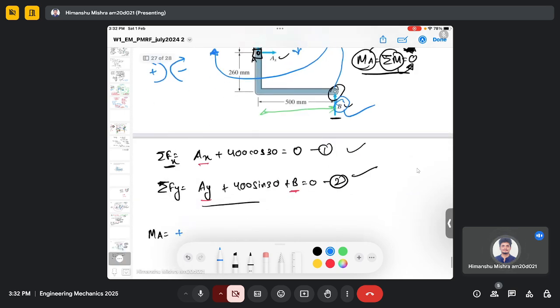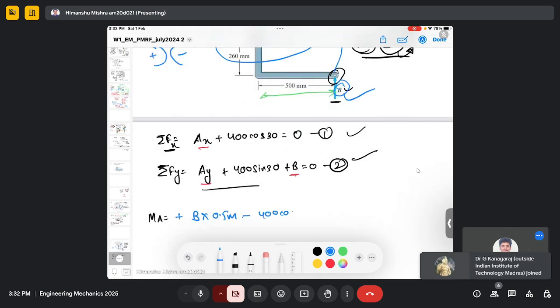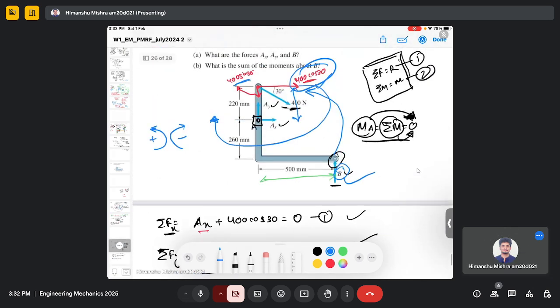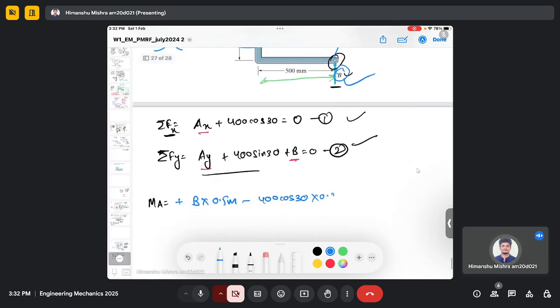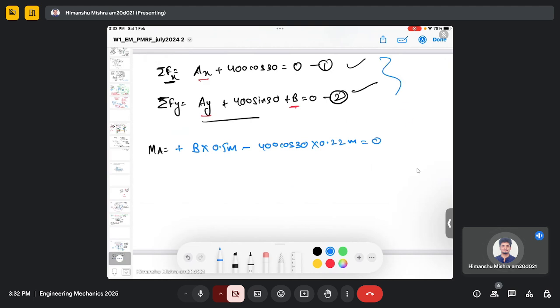So it is positive B multiplied by 0.5 meter minus 400 cos 30 and its perpendicular distance, which is 220 millimeter. So I will consider 0.22 meter, equals 0, because it is given that the moment at point A is 0. You can also see that these are the three equations, and these equations follow the equilibrium conditions that we will shortly discuss. So this is my equation 3.